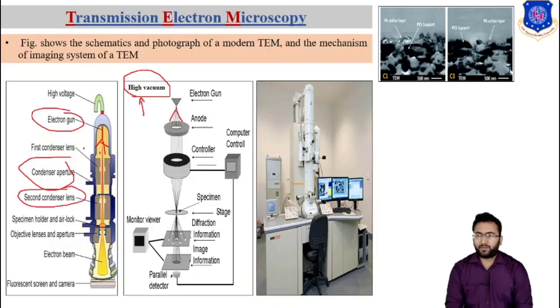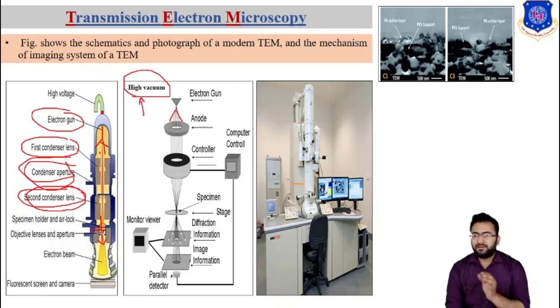The electrons pass from the first condenser lens, then go to the condenser aperture and then pass to the second condenser lens. Then they pass through the specimen, which is our sample such as a membrane, and generate an electron beam which spreads on the fluorescent screen or camera and generates the image.